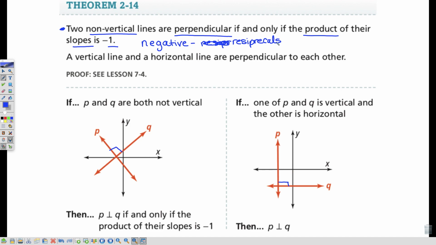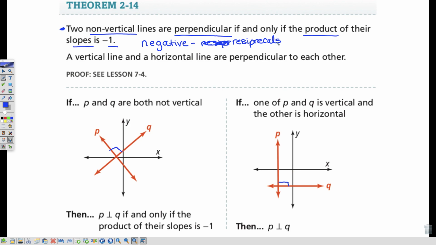Okay. So the product, what's product mean? Multiply. So if you multiply the two together, you get -1, meaning the negative reciprocals of each other.